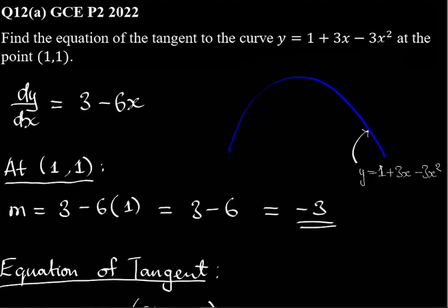Then we have a tangent that is touching at a particular point somewhere here. This point is (1, 1). And we've just found out that the equation of this tangent is y is equal to negative 3x plus 4.